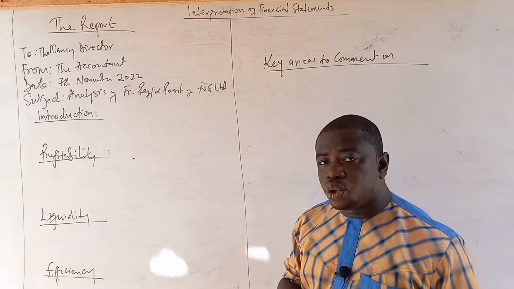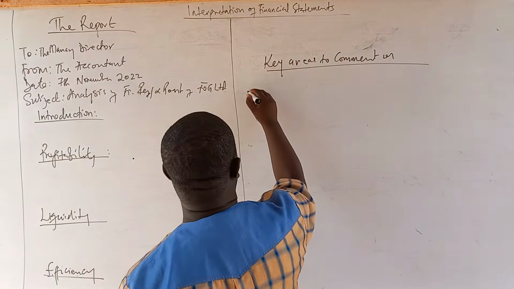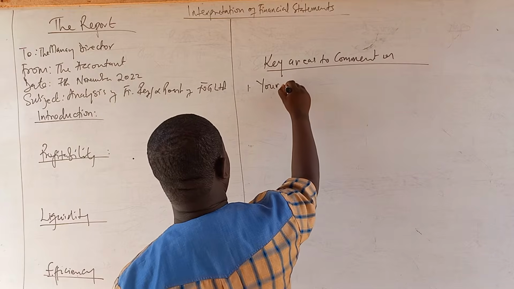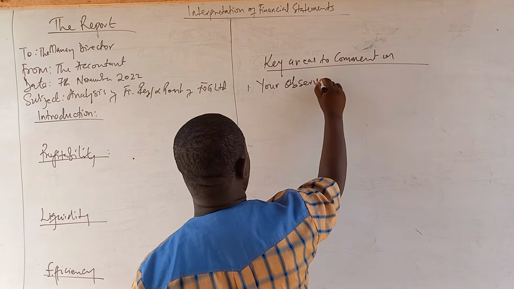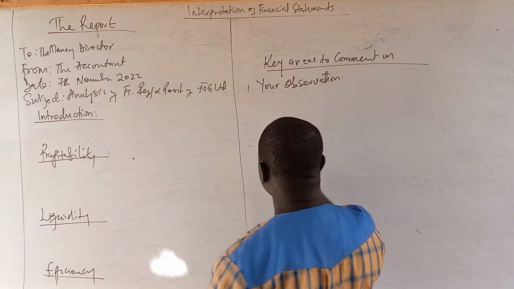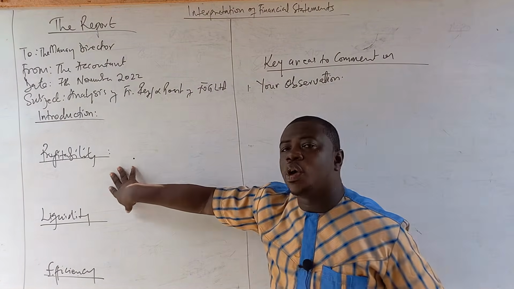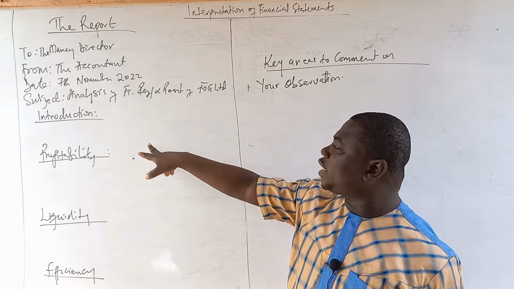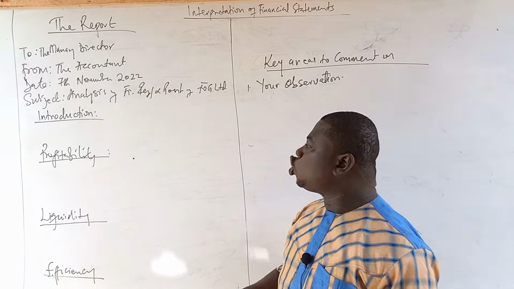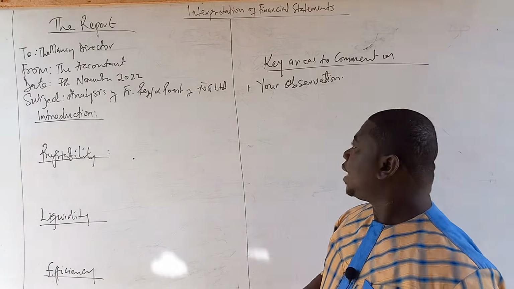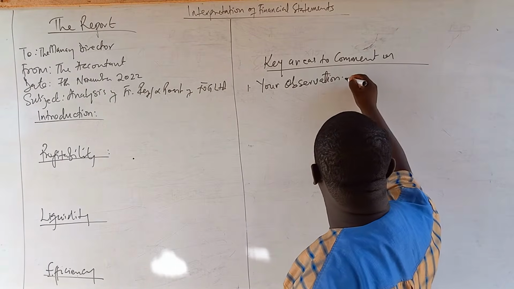The first thing you should do is comment on your observation. What have you observed from your calculated ratios? Now, your observations should come with interpretations.